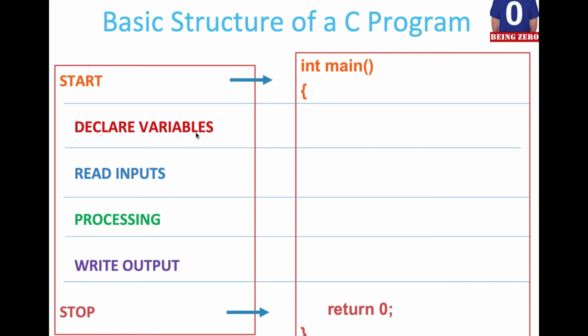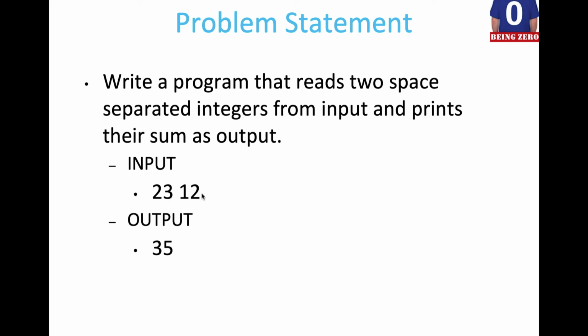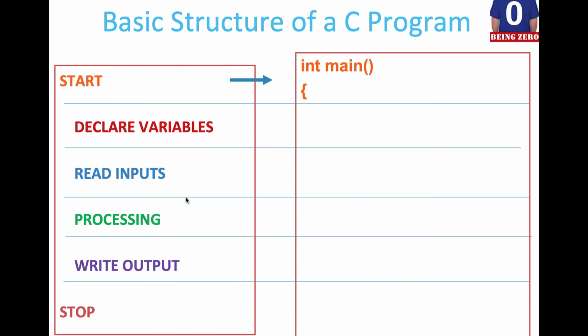Now, how do we declare variables? For this program, if we look back, we need two variables that can hold the inputs, the first number and the second number. Then we can declare a third variable where we will store their sum. Start and stop we already talked about. Now, declaring variables, let's declare three variables: int a, b, and s.